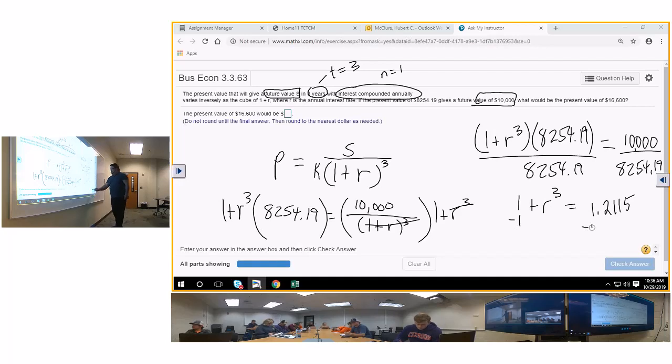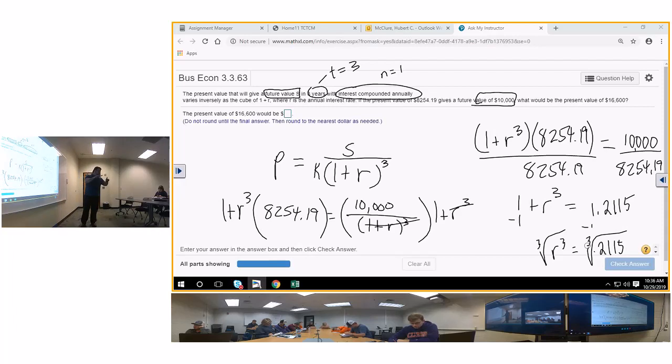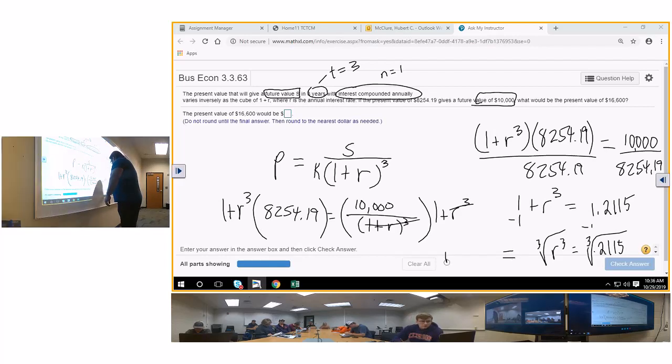That's going to be 0.2115. And then take the third power of it, so that's 0.2115 raised to the 1/3 power. Put 1/3 in parentheses. Somebody tell me what you get. 0.5958. Yep.